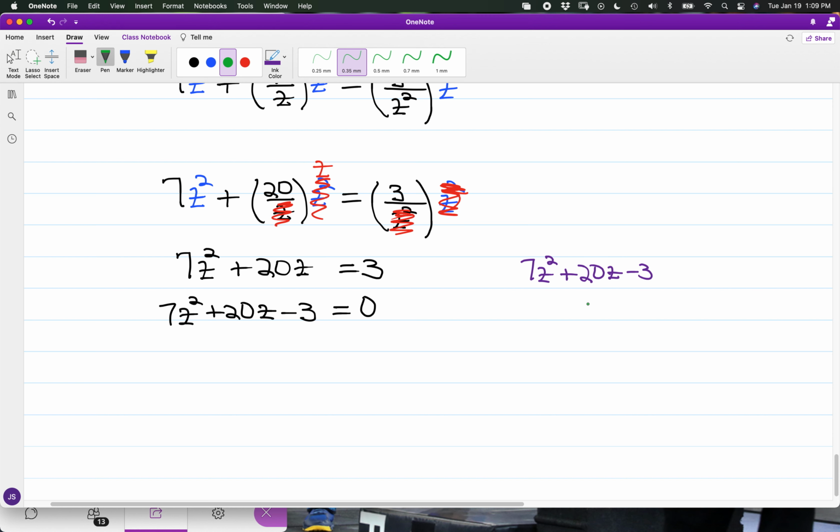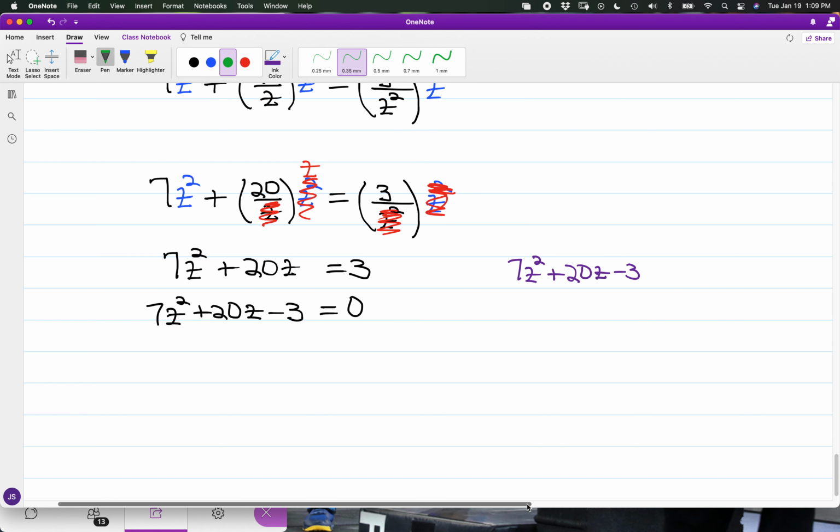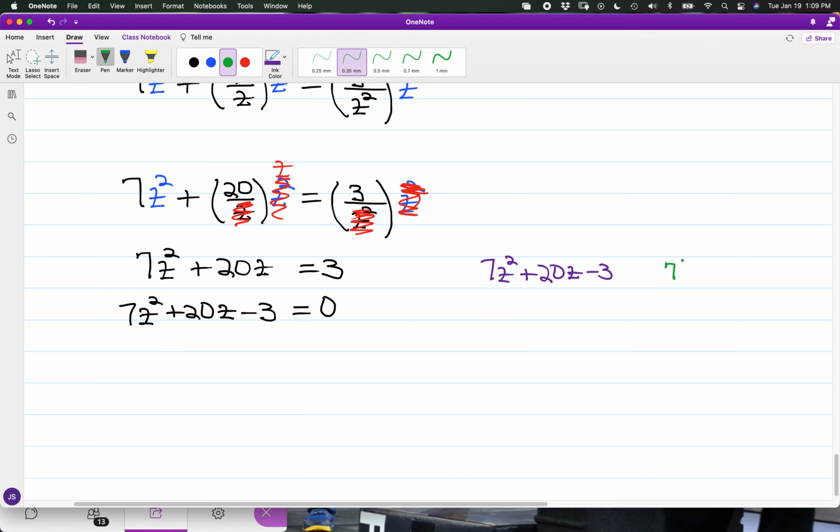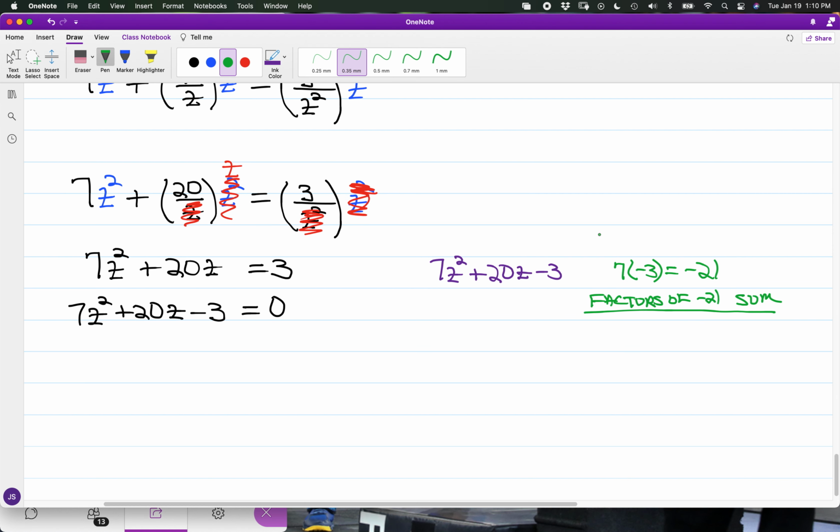So I got leading coefficients, so I have 7 and negative 3, with a product equal to negative 21. And just taking what we have here, with negative 21, we're looking at factors that will add up to 20.